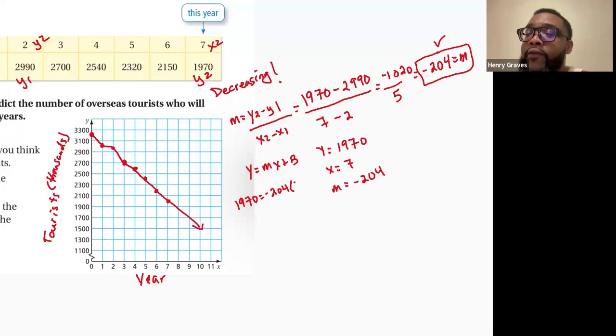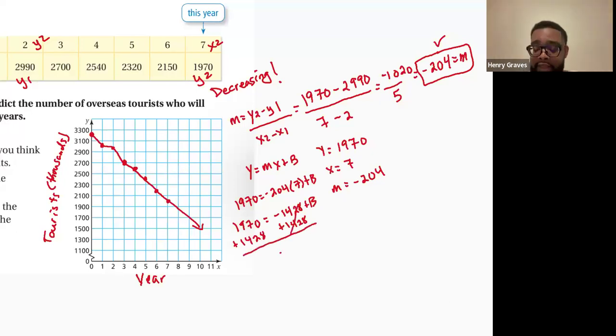So that's 1970 equals negative 204 times 7, which is negative 1428. We can add it to both sides. So it's 1970 plus 1428. It's going to give me 3398, I believe, right?